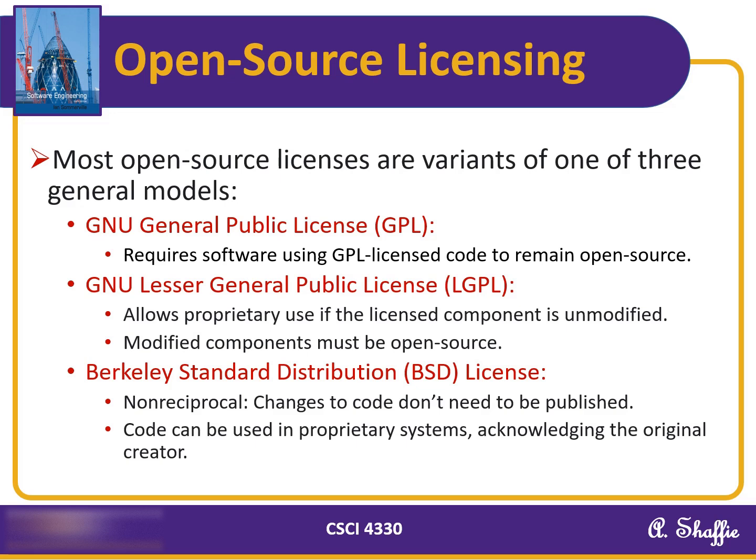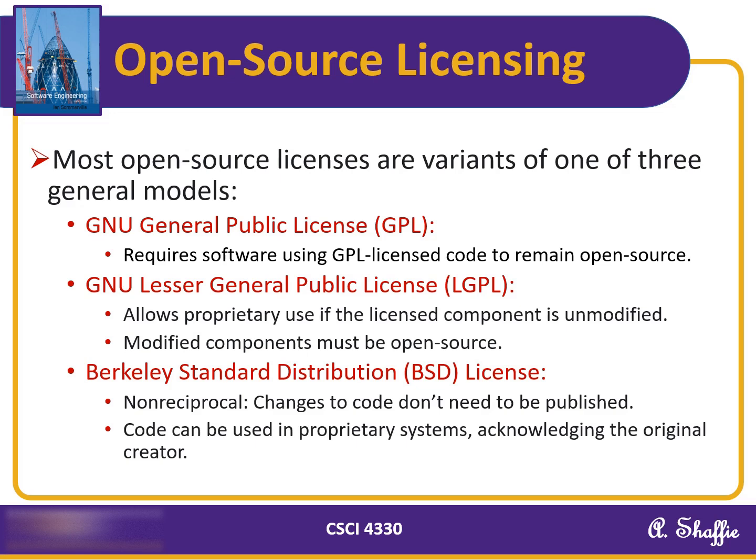This is a more flexible version of GPL. It allows software that uses an open source component to remain private or closed, as long as the open source component itself is not changed. If you do change the open source component, you must share those changes as open source.